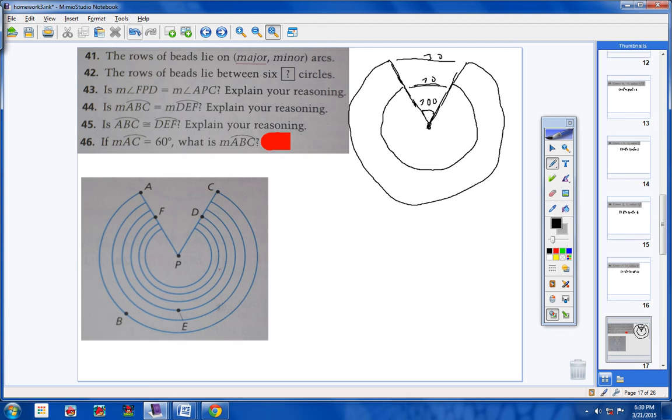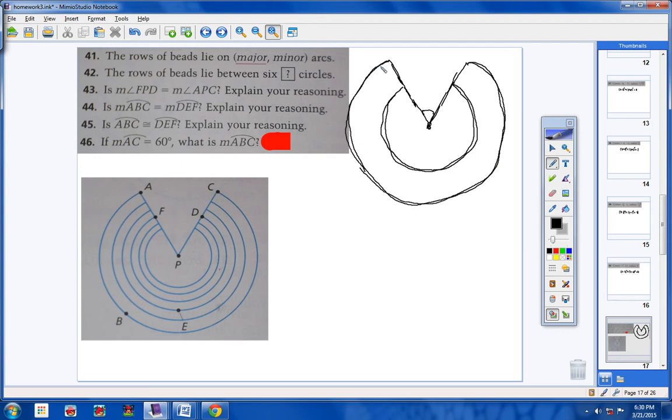Why? We learned, guys, that the only way arcs are congruent is if they have the same measurement, lying on the same circle or on congruent circles. And this arc here is not lying on this circle here. They're not lying on the same circle, nor are they lying on congruent circles.